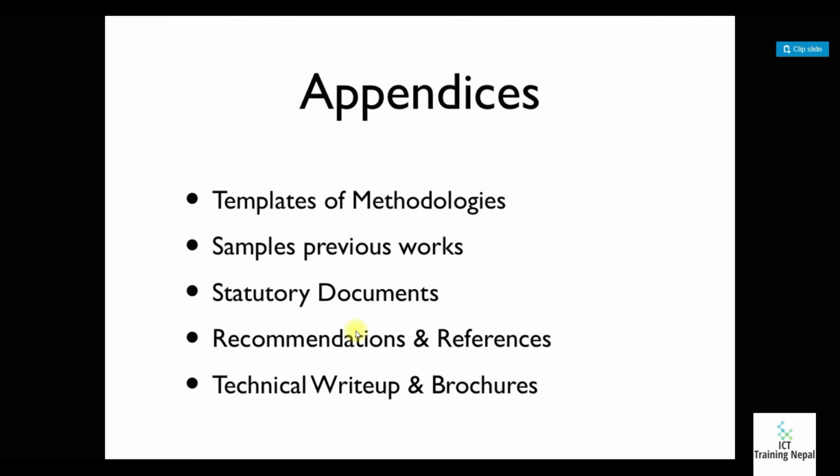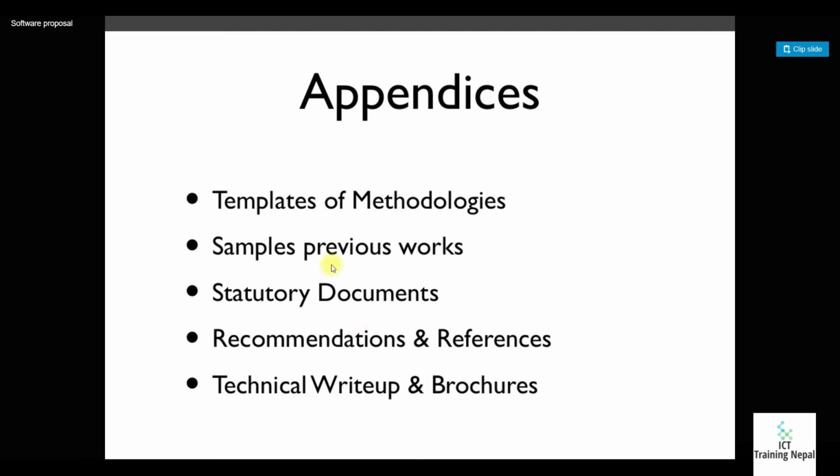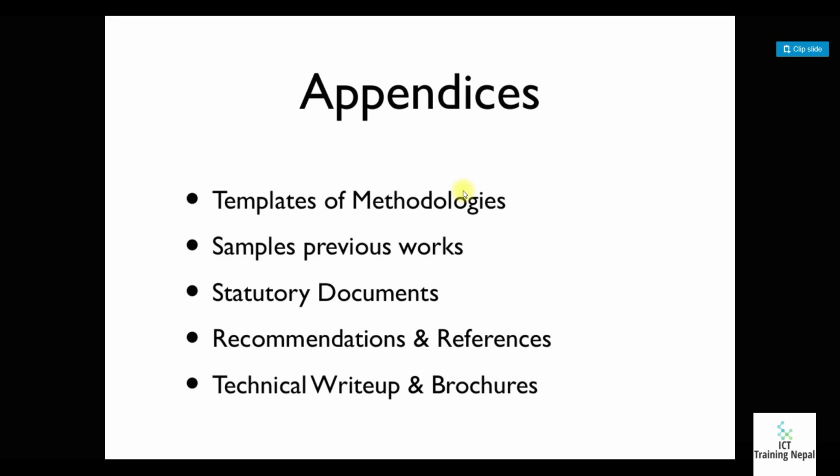So at last there will be the appendix. In the appendix, you are going to make the template of the methodology. The main template of the methodology, how those methodologies work, you have to specify those templates and give a description of that methodology, and whether it is right for this software or this proposal.